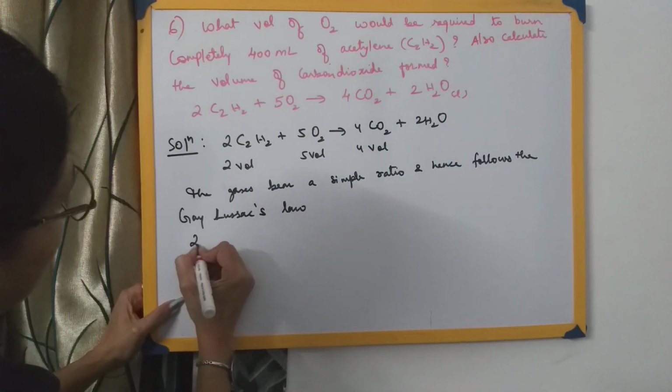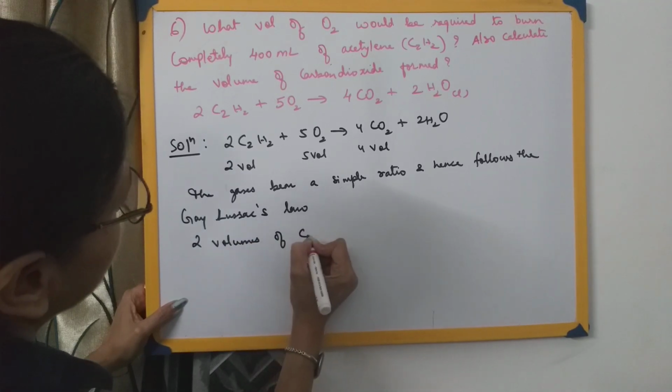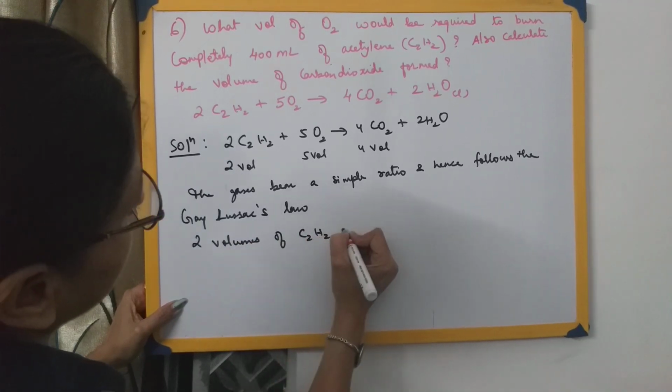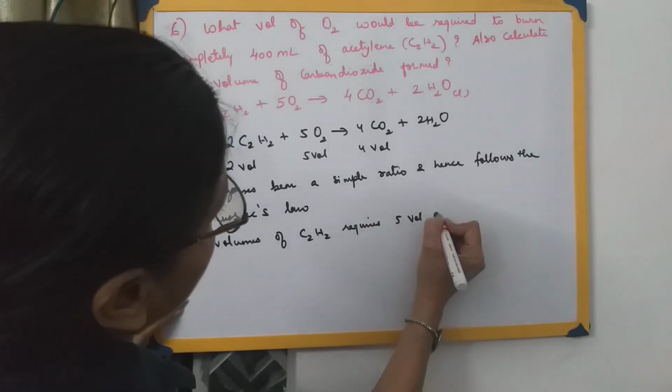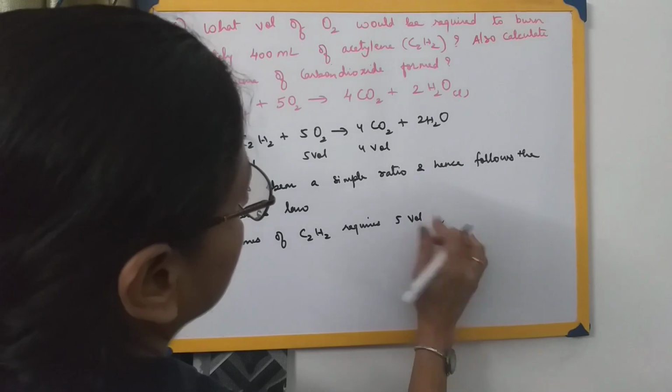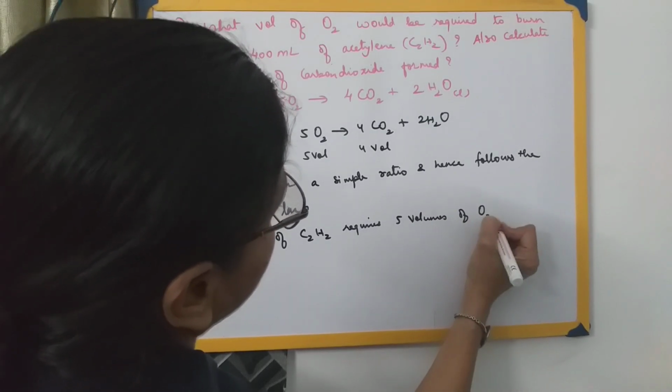So 2 volumes of acetylene requires 5 volumes of oxygen.